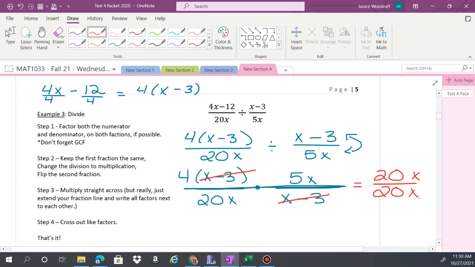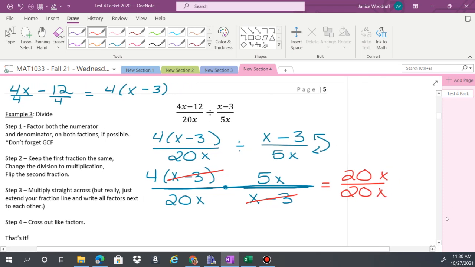So look at that. What's 20x divided by 20x? 1. Yeah, so that's just 1. Okay, so these x's cancel. It's just 20 divided by 20. So you could have canceled the x's right here if you wanted, or you can multiply and then reduce as well. So that one's just 1. That one definitely reduces very nicely.